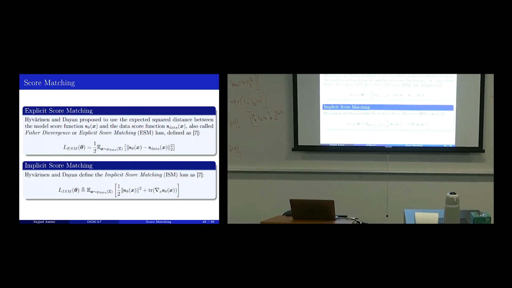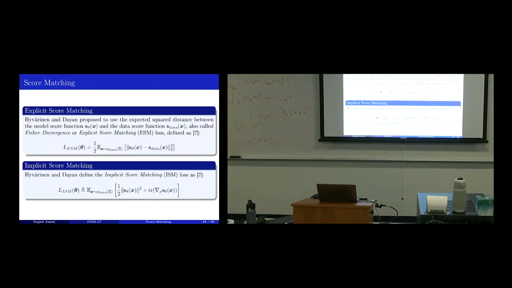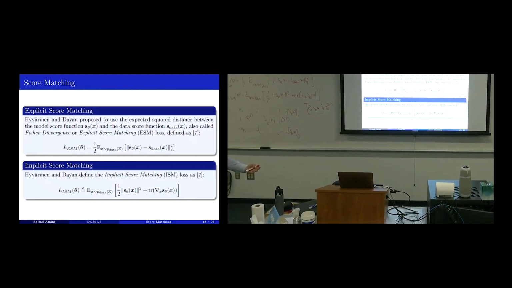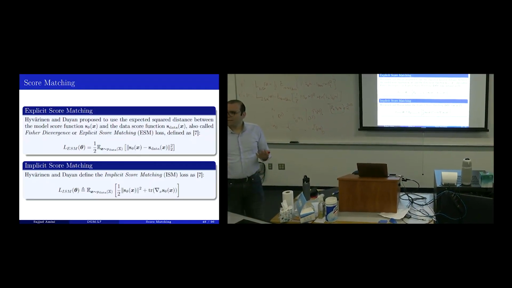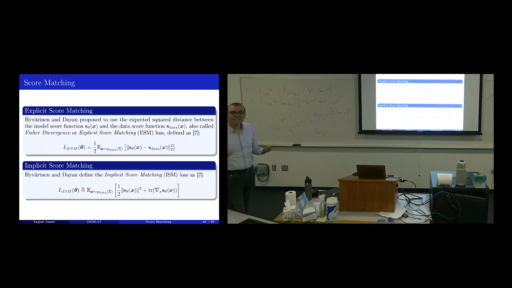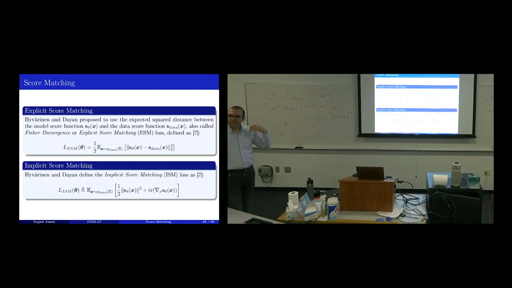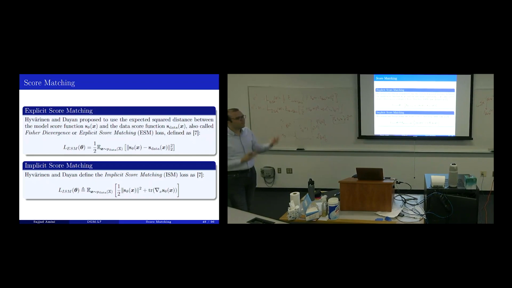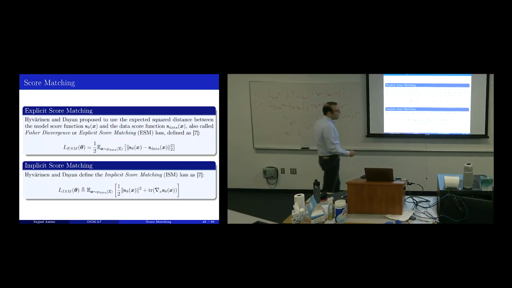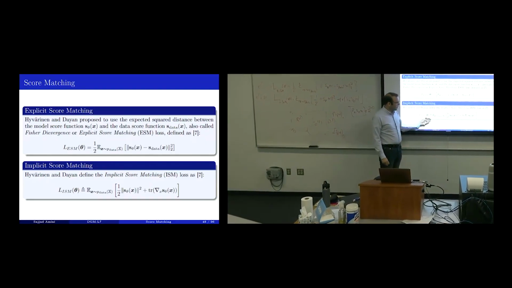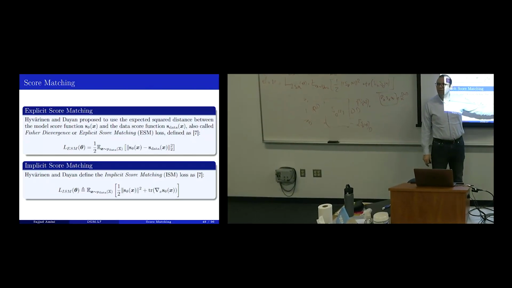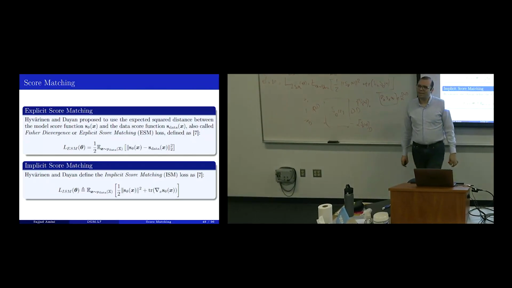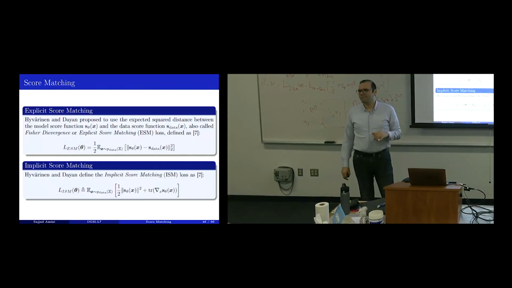And this is the important point that they showed. This one is really hard, you cannot calculate S data. I cannot think of S data because I just have samples from P data. It is very hard to think of S data, maybe even its form. But if you minimize this loss, where this part is independent of S data, you are minimizing this one with respect to theta.